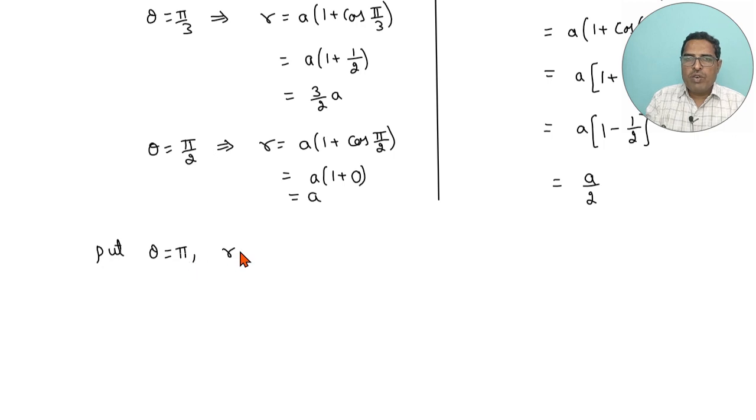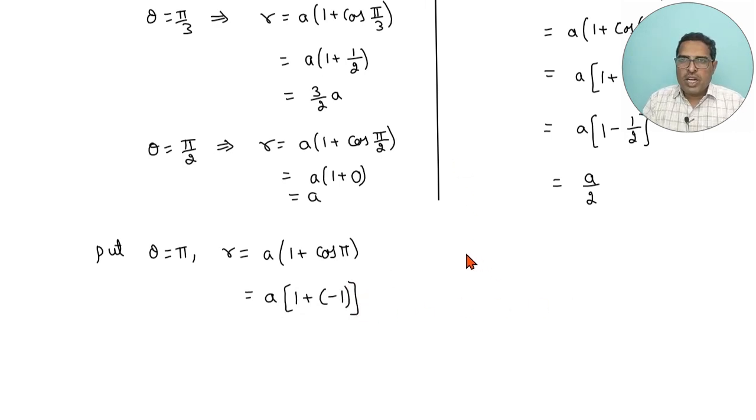So we get the value of r to be equals to a into 1 plus cos of pi, that is cos 180. So cos 180 value is what? Cos 180 value will be minus of 1.